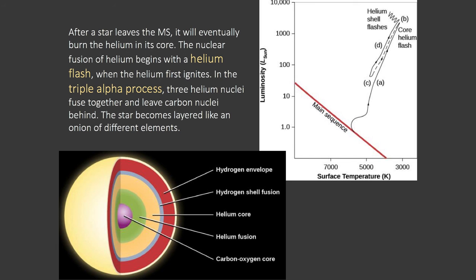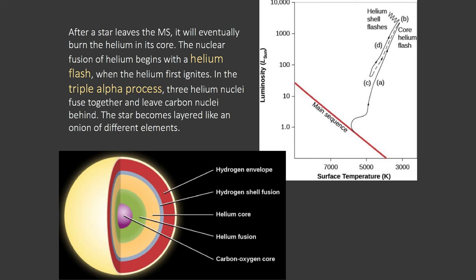So we'll have a series of things happening within the star. The star starts to become layered, more so than it was before, by what's happening with the hydrogen and helium. The process that helium undergoes to fuse into heavier elements, namely carbon, is called the triple alpha process. So the triple alpha process will be happening in addition to the proton-proton chain.